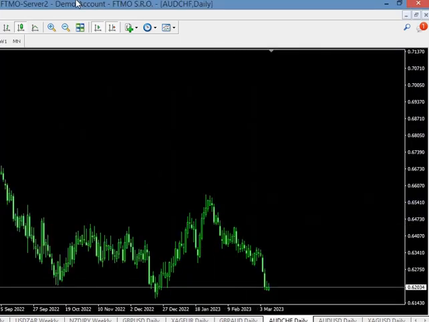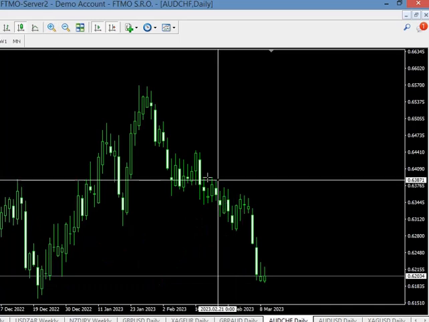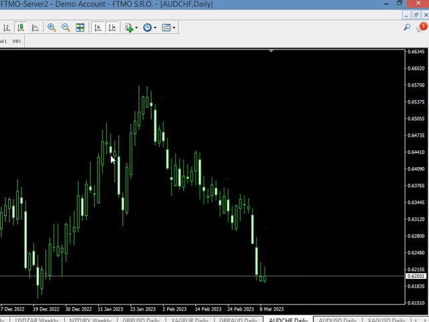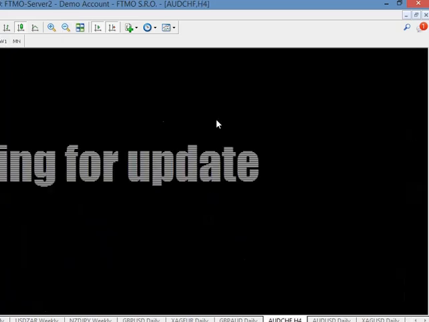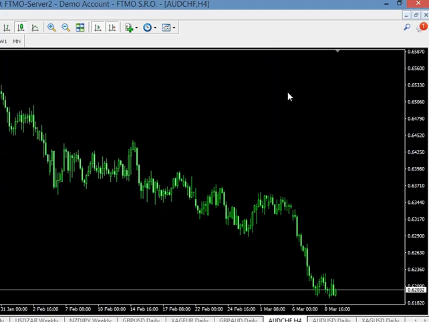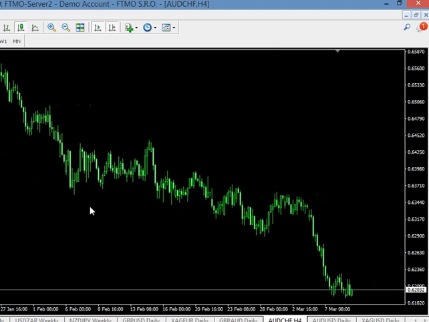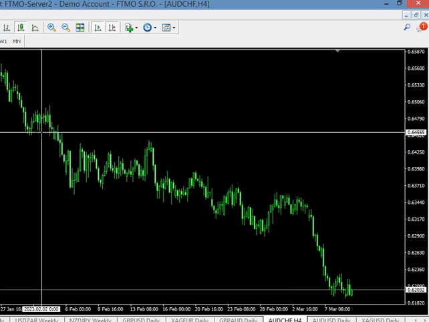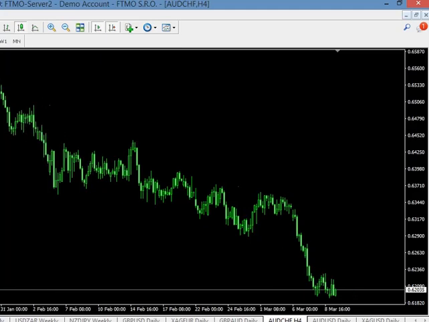So clearly, if we zoom in, you can see that the market is on an overall downtrend. Clearly, anyone can tell that it's a downtrend. But if you do an analysis, you can zoom into the 4-hour candles. If you zoom in, you can see that the market has broken structure several times, retested.